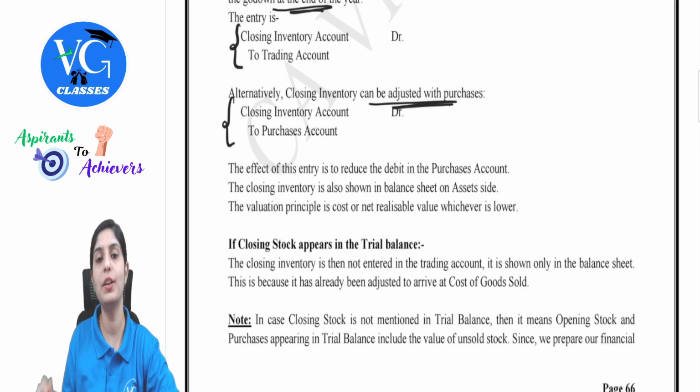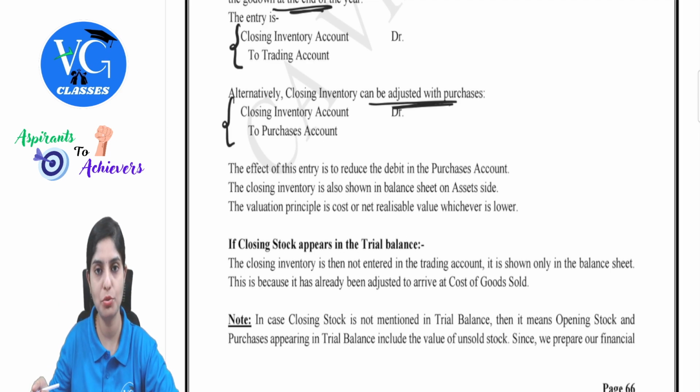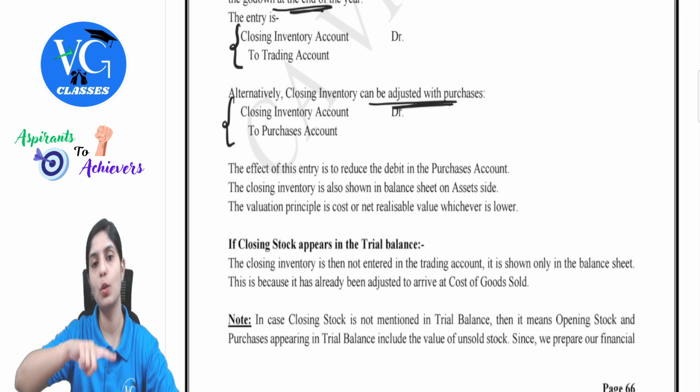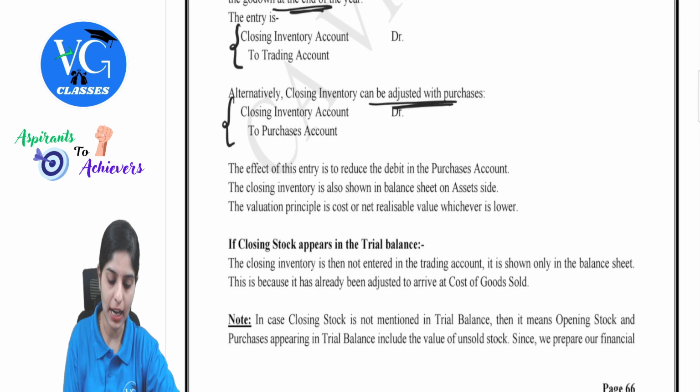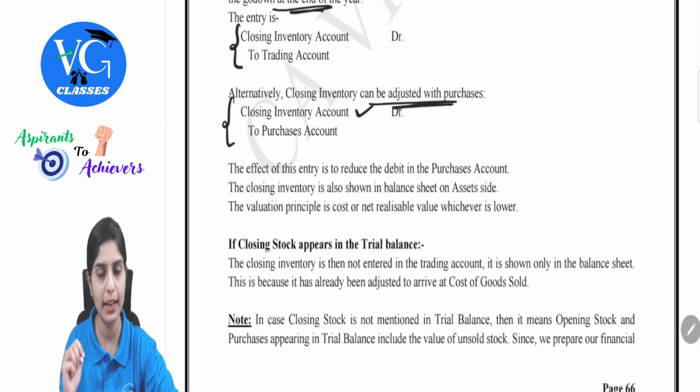Now, since the benefit will be postponed for consumption in the next year, the expense will be converted into an asset. So, this is where closing inventory or closing stock gets created. Then if the asset is created, therefore an asset will always by default have a debit balance. So closing inventory account debit to purchases account.